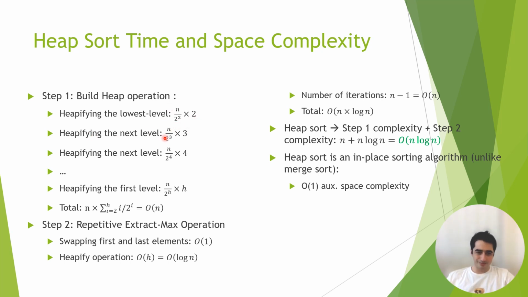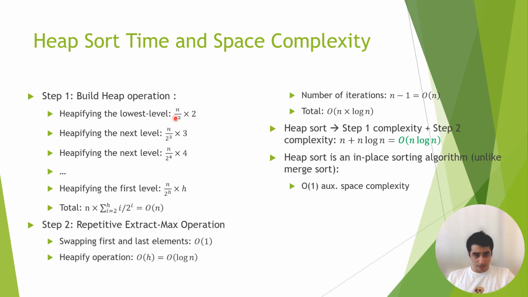The next level has n over 2 cubed times 3, which is the number of comparisons. The next level we had n over 4 nodes, and each one takes 4 operations, all the way to the very first level, which has only 1 element, or n over 2 to the power of h, where h is the log n, times h comparisons for each heapify operation.